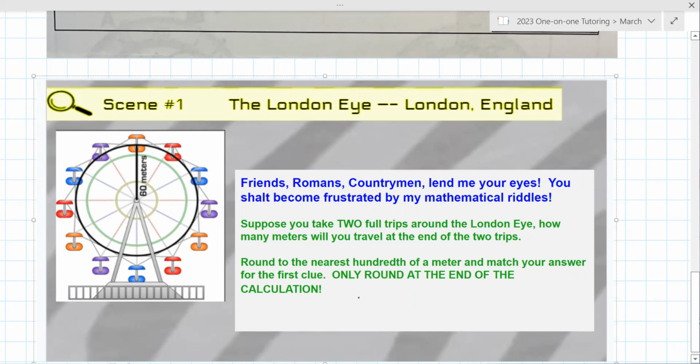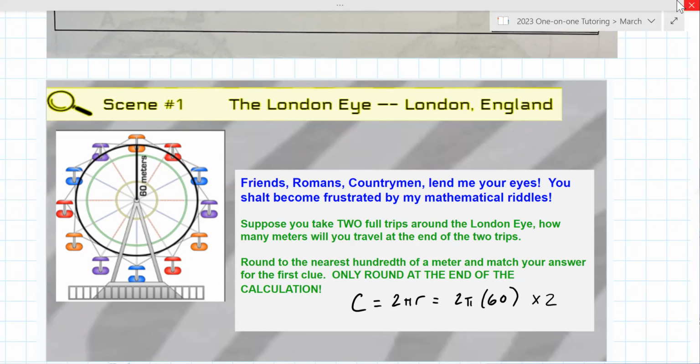The circumference is 2 pi r, 2 pi times 60, but then you're doing it twice, so you multiply this by 2. It says round your answer to the nearest hundredth only at the end of the calculation, so you want to go to your calculator and do 2 times pi times 60 times 2.